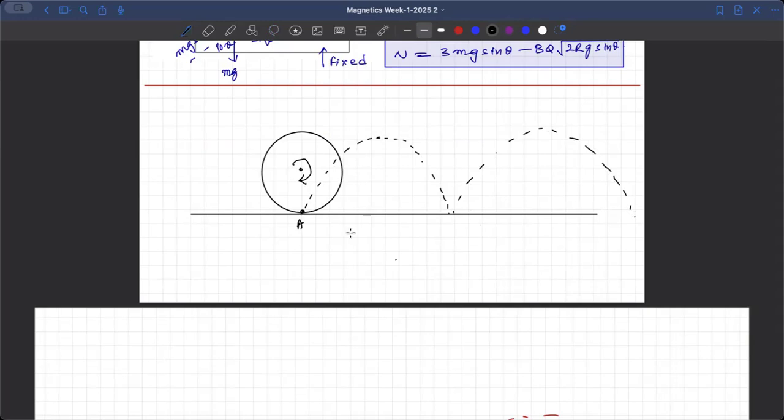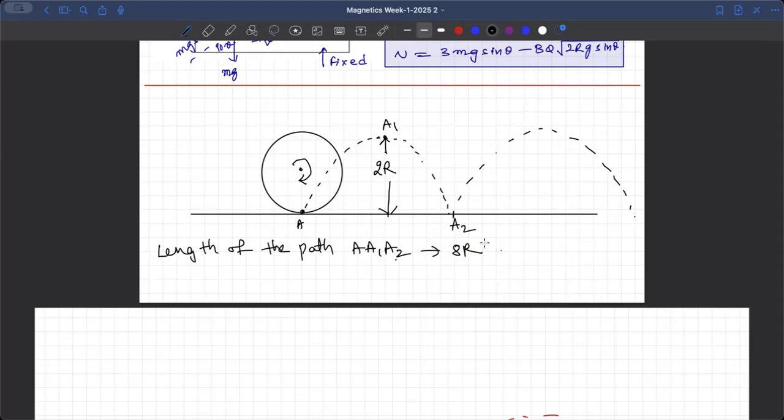Now, at the point when it reaches the maximum height, the height is 2r. And the length of this entire path, A1 to A2, will be 8r.